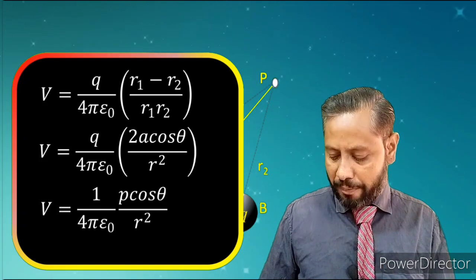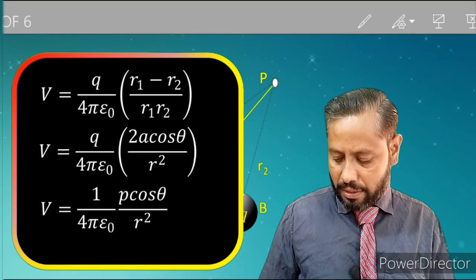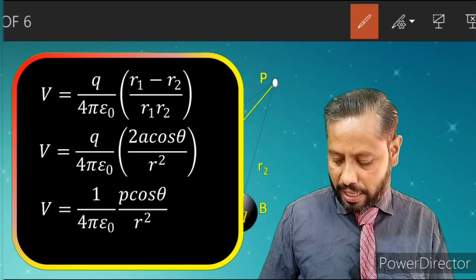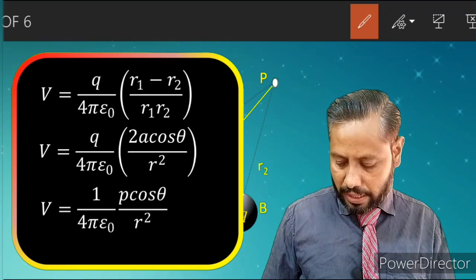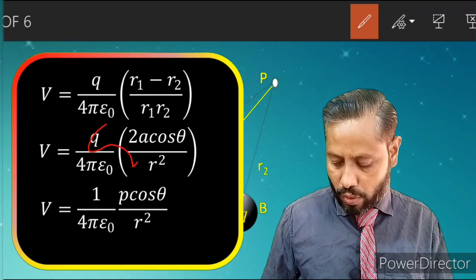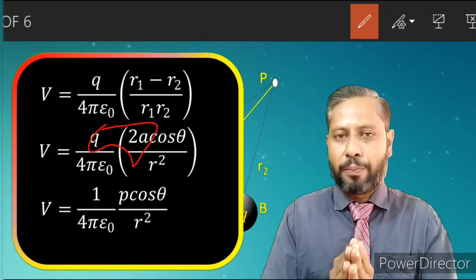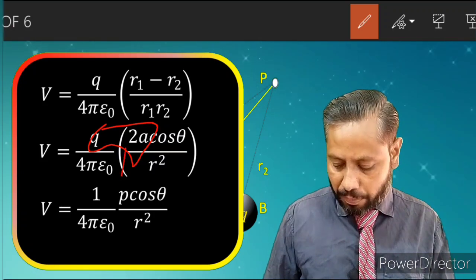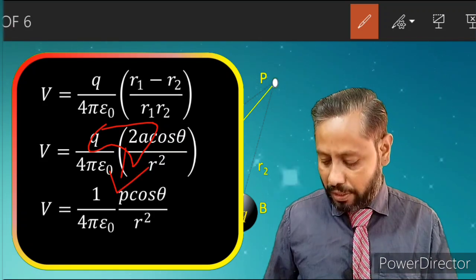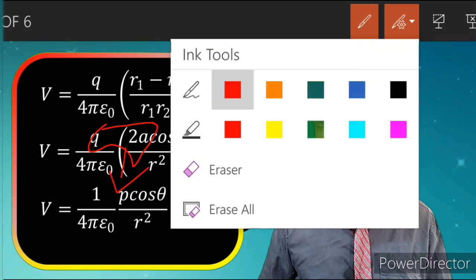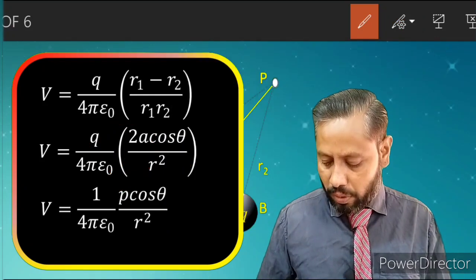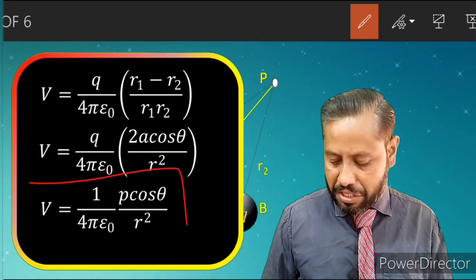How is this p coming? We know that for a dipole, q into 2a must be equal to p. So we write this as p, and the remaining term is cos theta. This gives the electric potential of the dipole at any general point.